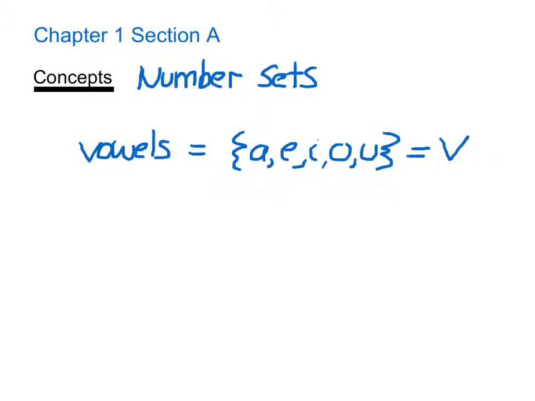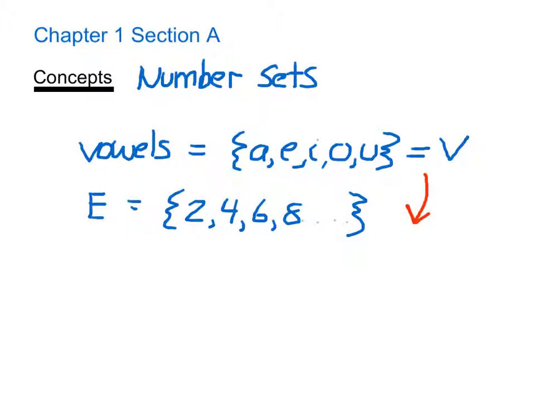Another example would be to look at all the even numbers, all the even real numbers. And those would be 2, 4, 6, 8, so on and so on, all the way to infinity. So a few important terms here.